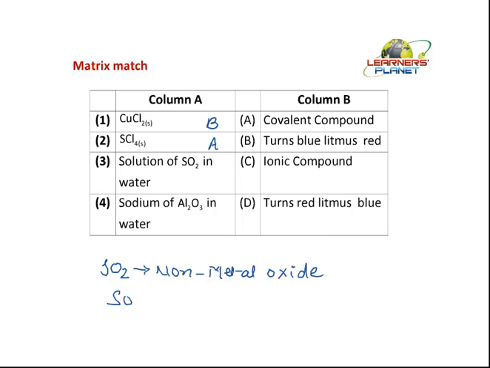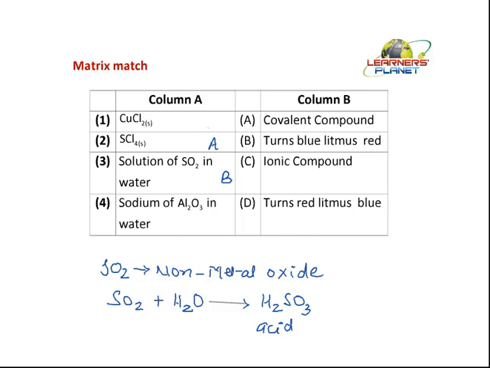If I dissolve SO2 in water, what I'll get here is sulfurous acid, that is H2SO3, and this is an acid. So what will it do? It will turn blue litmus red. So what would be my answer here? B. And I should erase the first one.